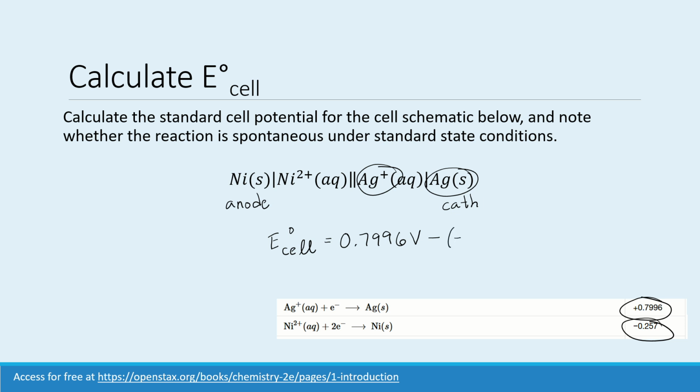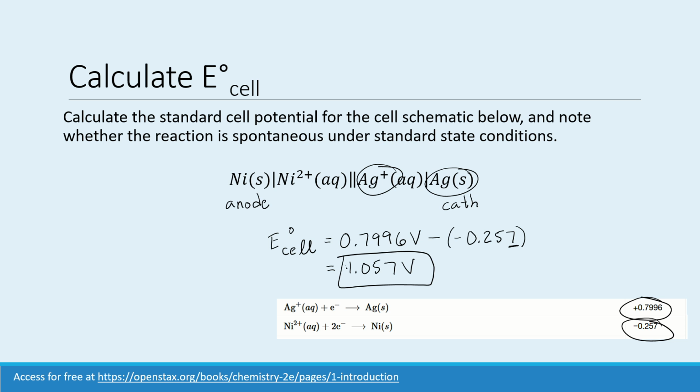So minus a negative 0.257. Again, that goes out 3 decimal places, and so our answer also needs to go out only 3 decimal places, and that should give us 1.057 volts for our final answer.